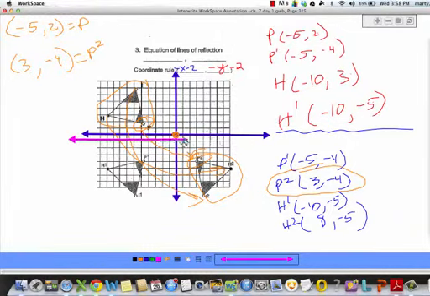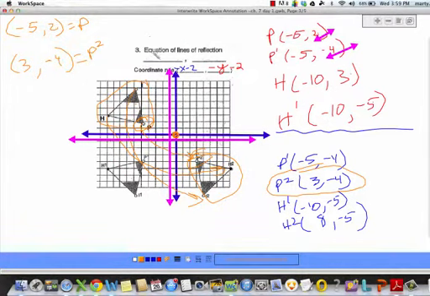My line of reflection is halfway in between, so I'm looking at that one and that one, and what's halfway in between them. And then I could look at the -5 and the +3. Halfway in between -5 and +3 would be -1. So again, we're averaging the x's and averaging the y's to get those things.